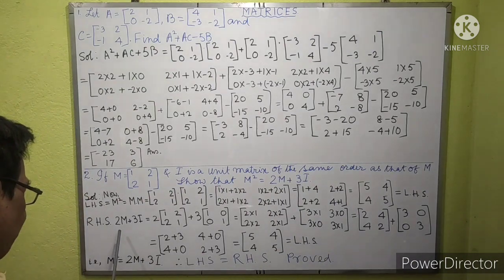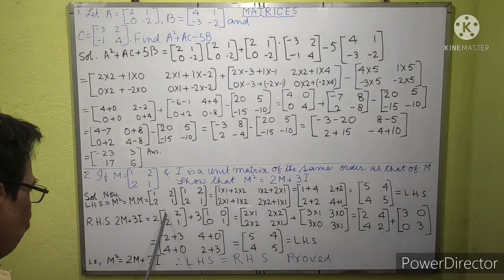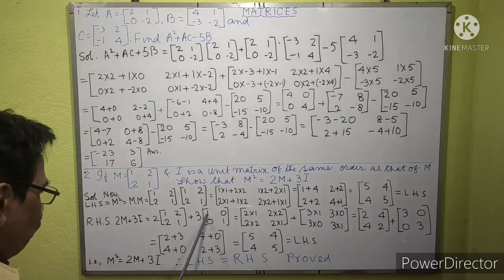And right hand side is given 2M plus 3I. I means unit matrix. So 2 into the M equal to [1, 2; 2, 1], 3 into unit matrix [1, 0; 0, 1].